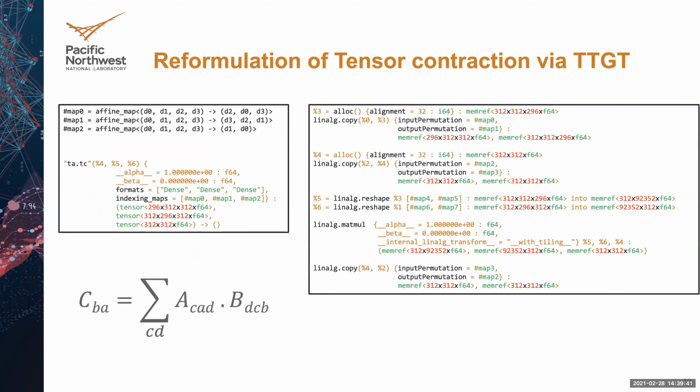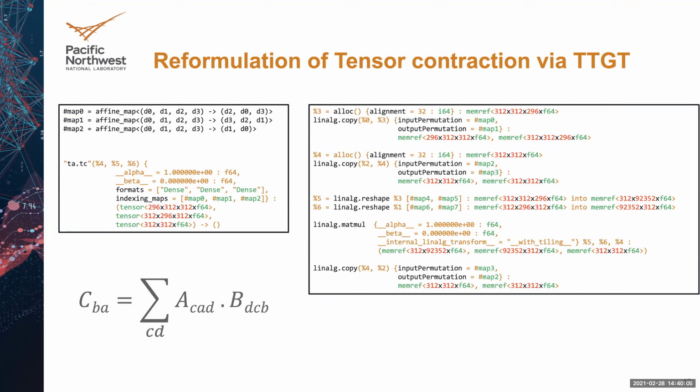So looking at this, here is how we represent TTGT in our IR. On the left-hand side, we can see our tensor contraction operation. Here we are using the indexing map represented here to find the optimal index permutation to perform the TTGT.